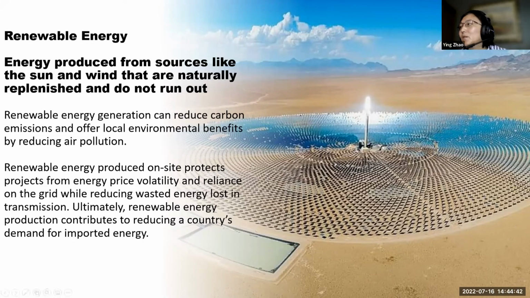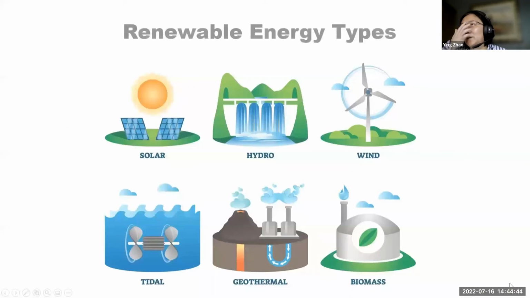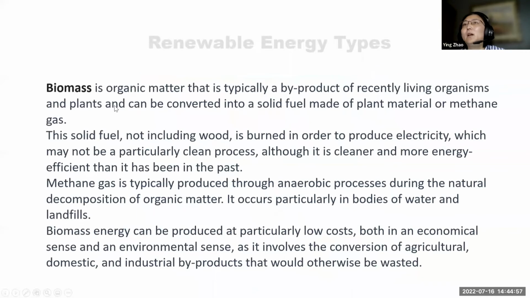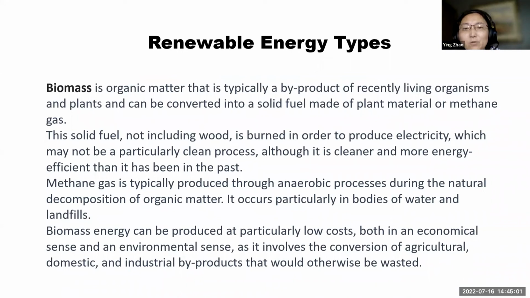Other renewable energy types, as we typically know, are solar, hydro, wind, tidal, geothermal, and biomass. That's all the most typical renewable energy. I just have some notes for less used or less known renewable energy types, like biomass.